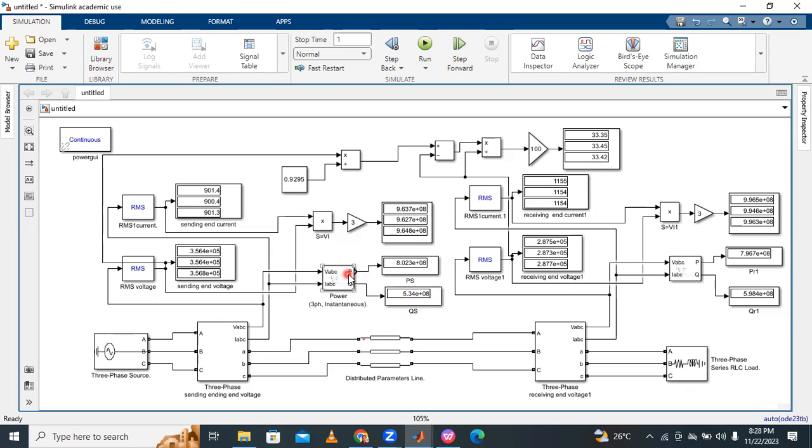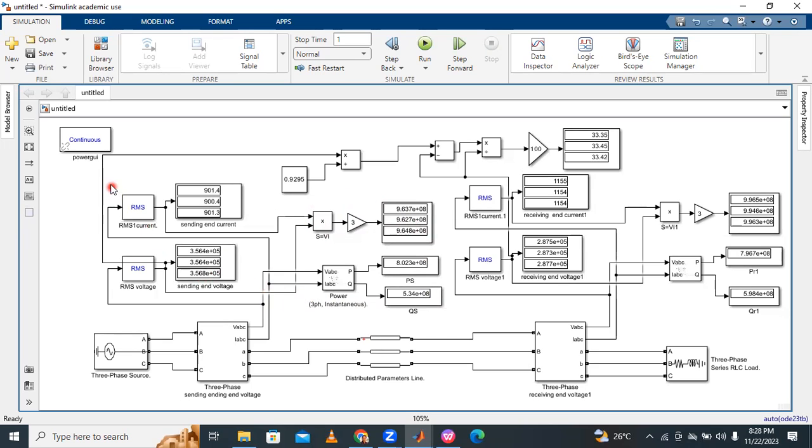And the apparent power is 9.637 into 10 to the power of 8, that is 963 MVA. This is the sending end side apparent power.